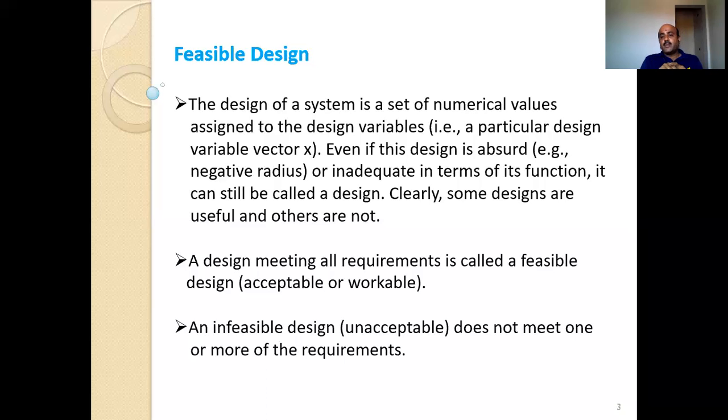But one thing you should remember here is the design you are going to make, the system you are going to design, should meet and satisfy all the requirements. All the requirements should be satisfied.